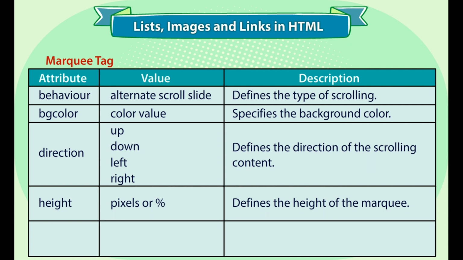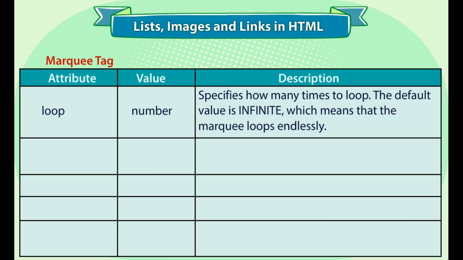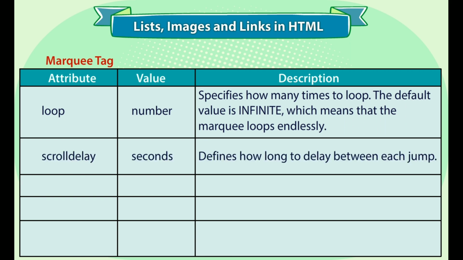Defines the height of the marquee. H space: pixels. Specifies horizontal space around the marquee. Loop: number. Specifies how many times to loop. The default value is infinite, which means that the marquee loops endlessly. Scroll delay: seconds. Defines how long to delay between each jump. Scroll amount: number.